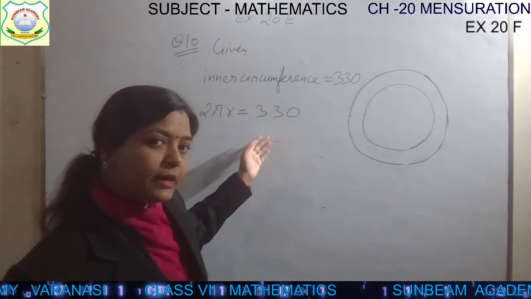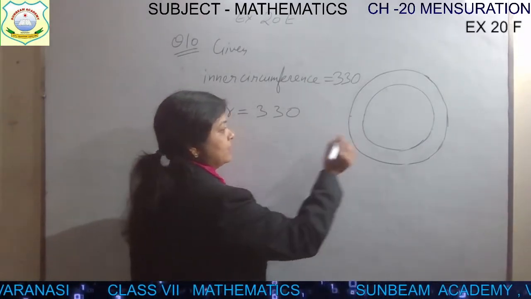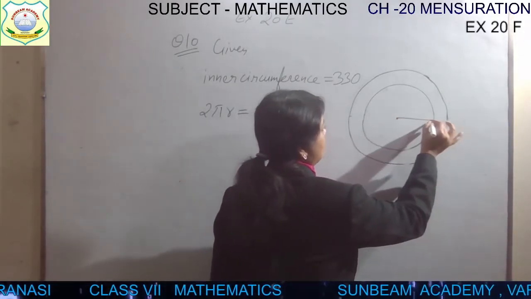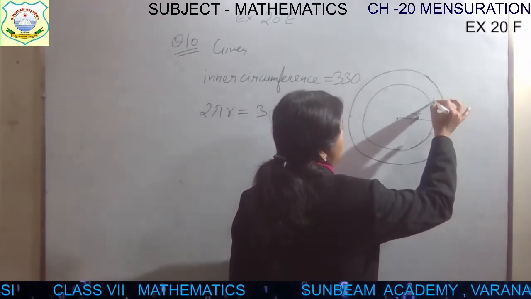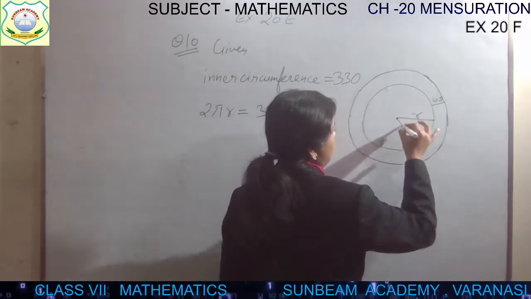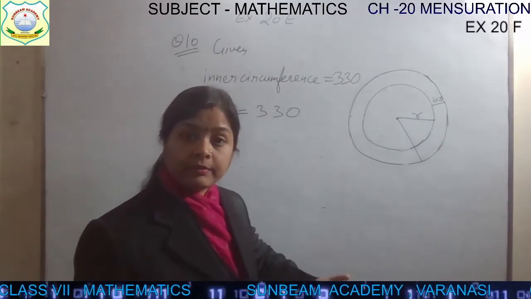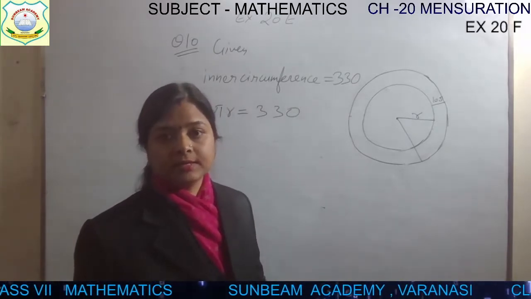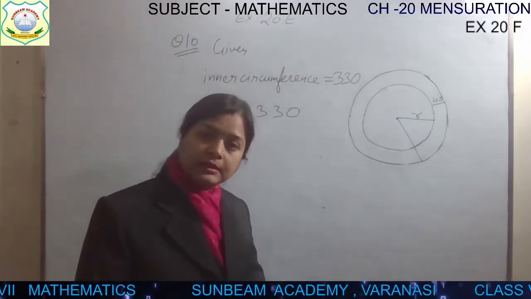Now why we are using this? Because if we will get radius from here, the inner circle radius, width we know already, it is 10.5. So we can get the outer circle radius. And once we will get the outer circle radius, then we can find the circumference of outer circle.